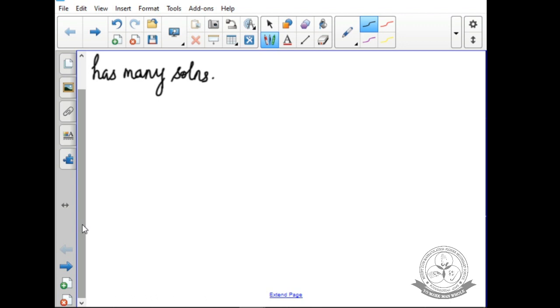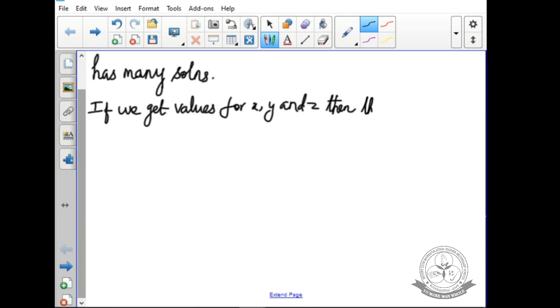Now we are using these conditions. If we get the different values for x, y, z, if it is possible to get the value for each variable, then the system has a unique solution.